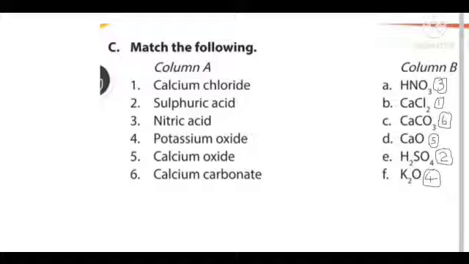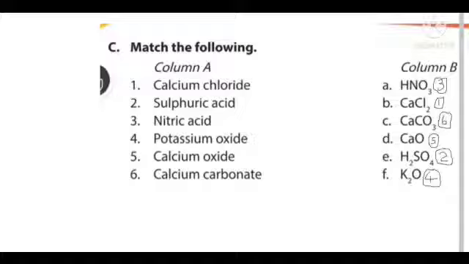Nitric acid HNO3. Potassium oxide K2O. Then calcium oxide CaO. Calcium carbonate CaCO3. So I hope that you might have learned already, because first revision we have seen that, is it? So that's why a little bit fastly I am moving. Okay.